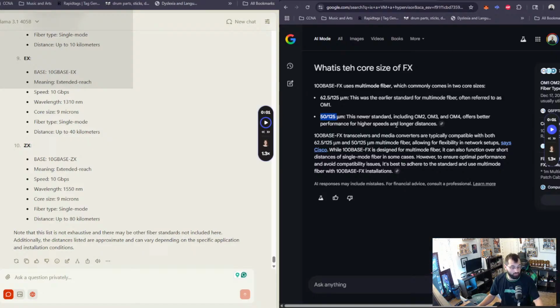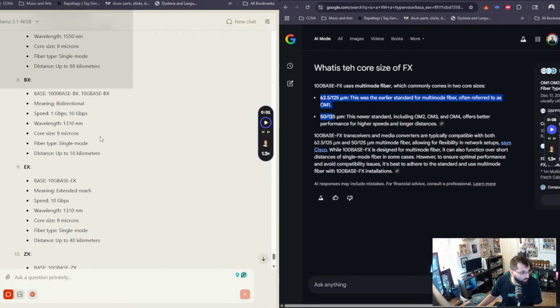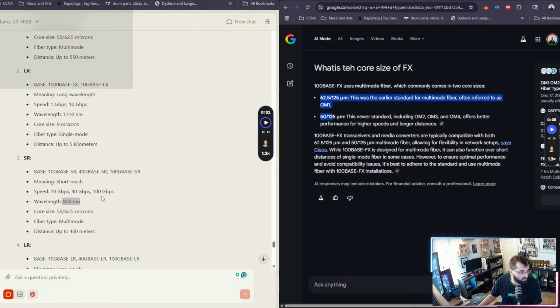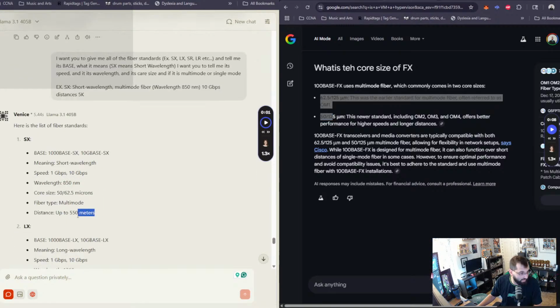So far, I'm sure that there's tons of other standards, but this is the only multi-mode standard that can go over a kilometer. Every other one is below a kilometer. And I don't think that it goes above 550. And even that's like stretching.